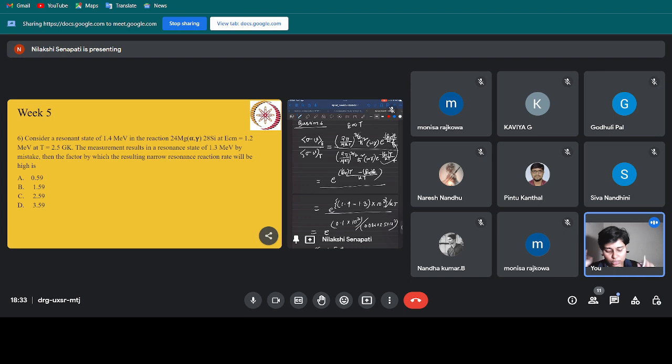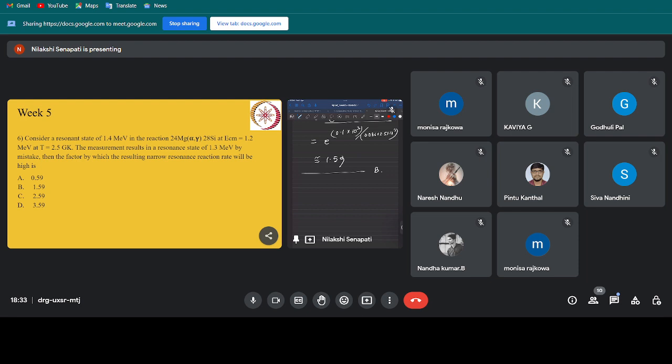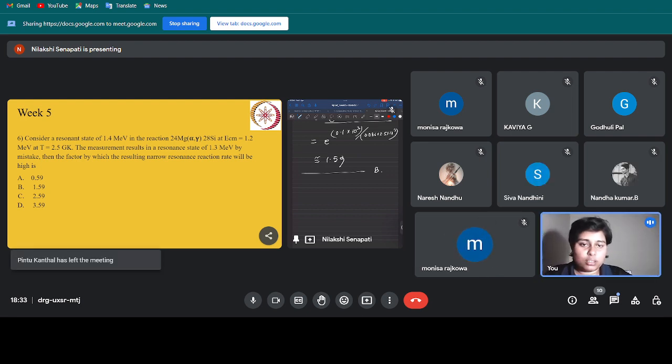Obviously the one with 1.4 is greater, for a very obvious reason, and it is greater by a factor of 1.59. So now you can tell the factor, or even if they want you to calculate something else, you can work out what needs to be calculated here.